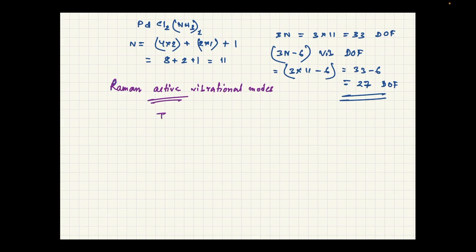Now the transition moment integral for Raman spectroscopy was, let's say, for a particular normal mode psi 1, then we have to use the matrix element corresponding to the Raman polarizability tensor, which is the nonlinear product like x squared or y squared or z squared or xy, yz or xz, like this.